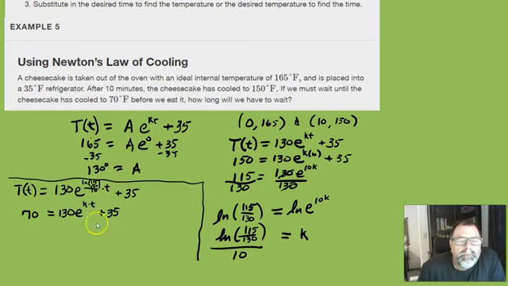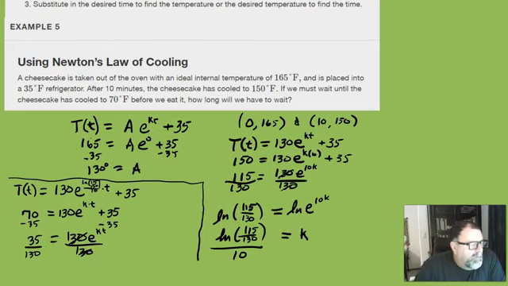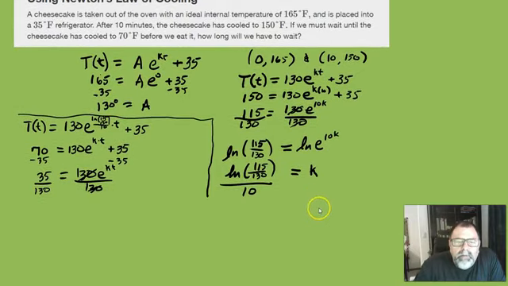Okay, so I'm going to subtract 35 from both sides. So that's 35. And then I'm going to divide by 130. Hopefully you're getting used to these steps. Then I'm going to do ln to both sides.